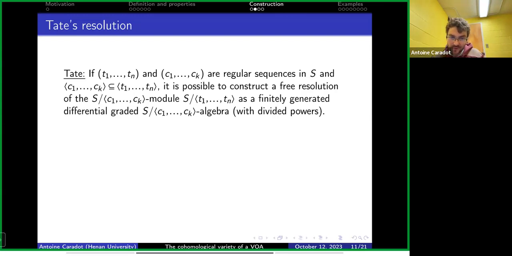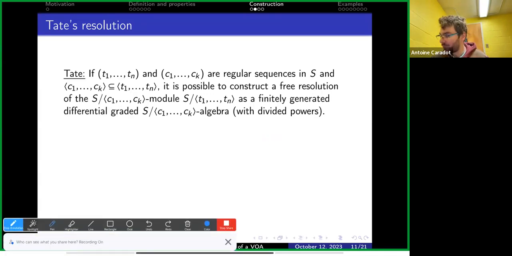you will construct your resolution step by step. First, if you have a module, let's say M, and you have a ring R, you will consider R mapping onto M, the quotient. You see that as a surjection.